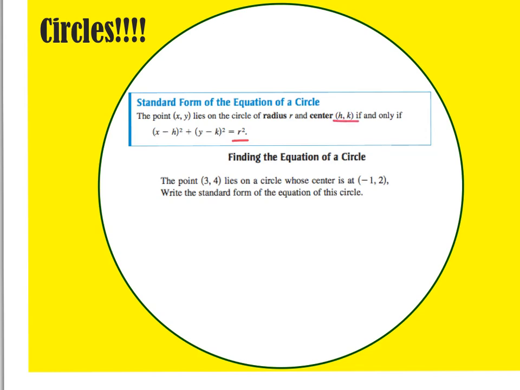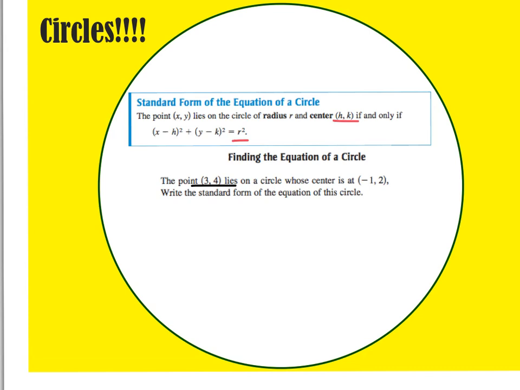Read for us, on the bottom. It says find the equation of a circle. The point 3, 4 lies on the circle whose center is at negative 1, 2. Write the standard form of the equation of the circle. All right, fantastic. So this point, 3, 4, lies on the circle. What does that mean?